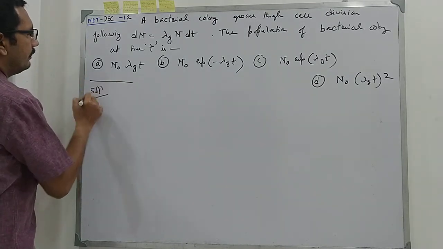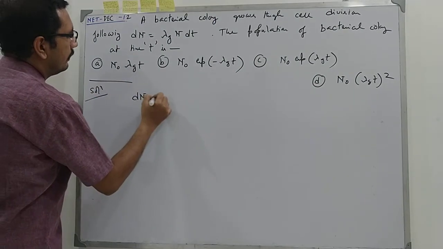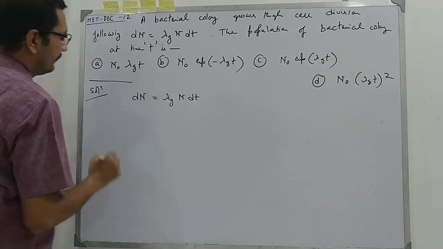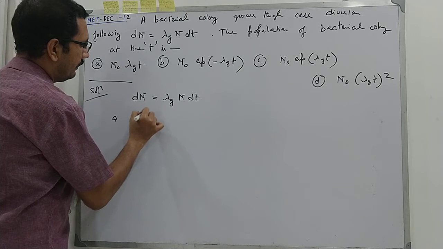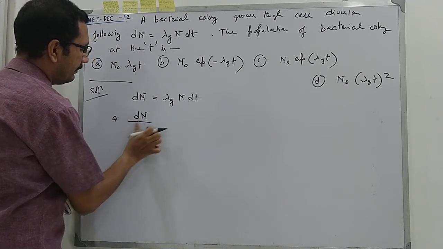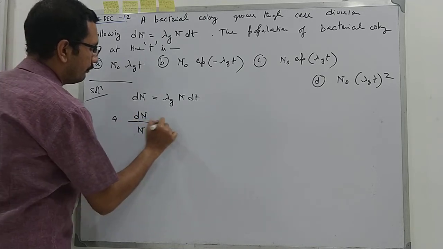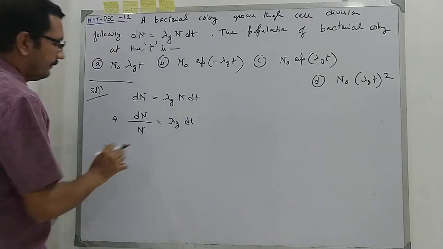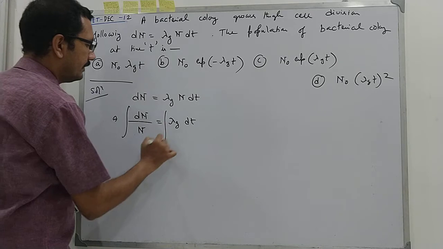To get the answer, you start with the rate law, which is given as this one. Now rearrange the rate law, taking the similar terms to one side. Now this is the rate constant. Now we integrate this equation.